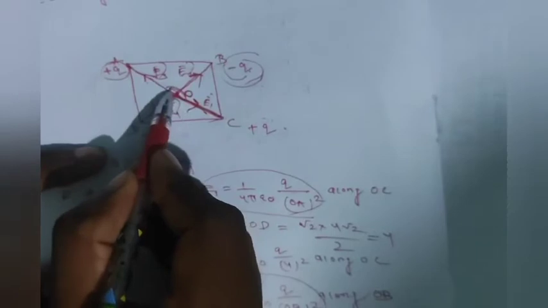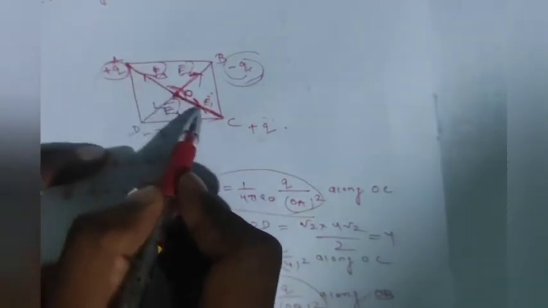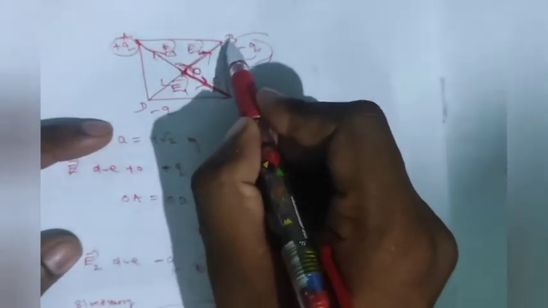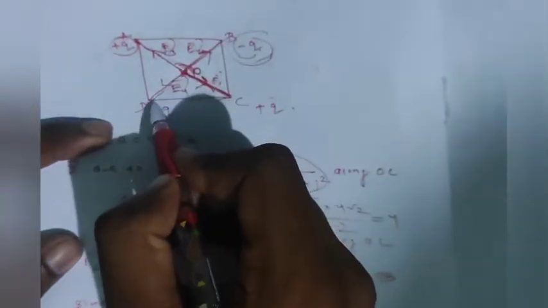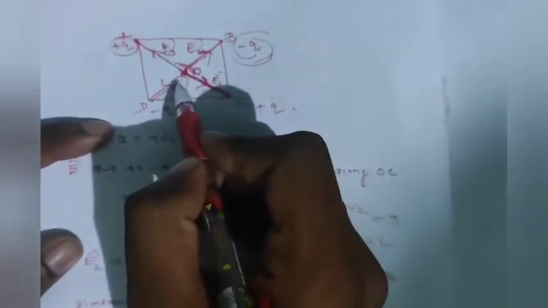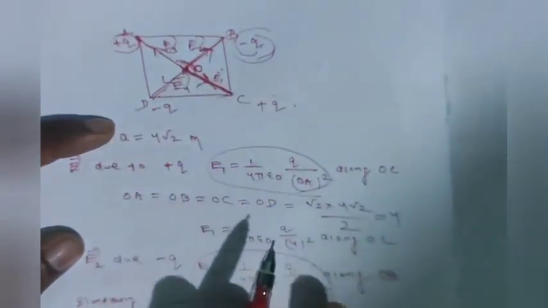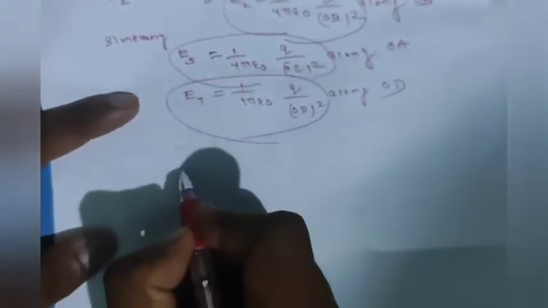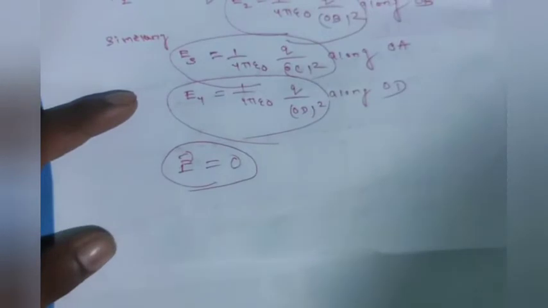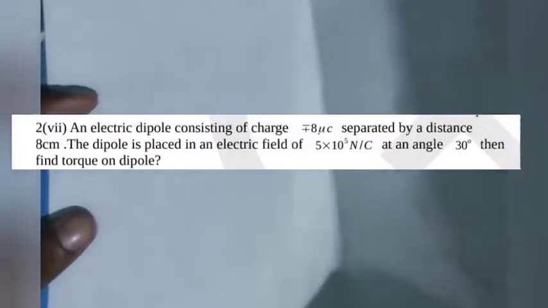They have the same magnitude, but they are oppositely directed, so they will cancel out each other. Similarly, E2 is acting along OB, E4 is acting along OD, so the magnitude is the same, but they are oppositely directed, so they will cancel each other. So the net resultant electric field will be 0, because all 4 electric fields cancel out each other. Is it clear? Now we shall go to the next question.